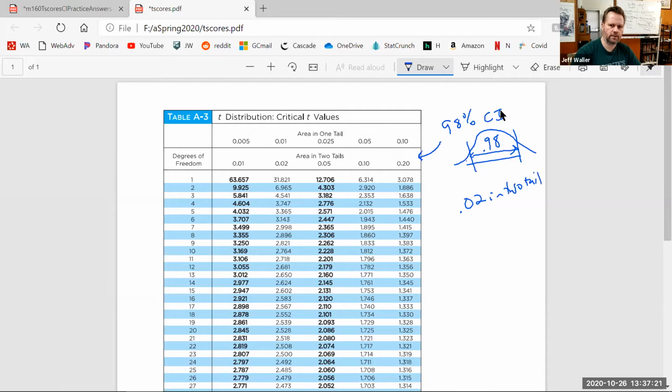So how much is just in this tail, on one tail? If there's 2% outside, how much is just on this side? 1%.